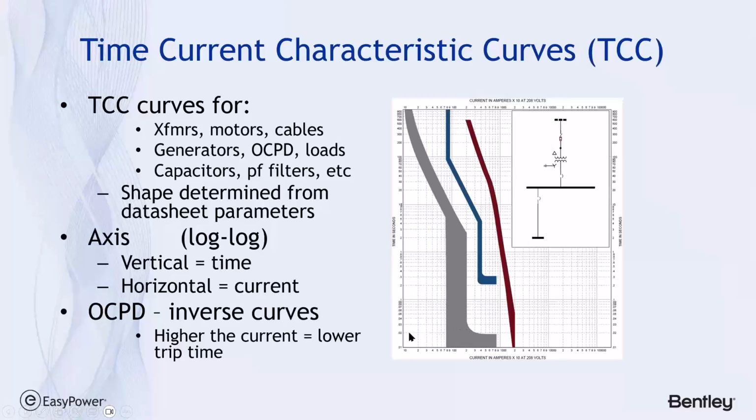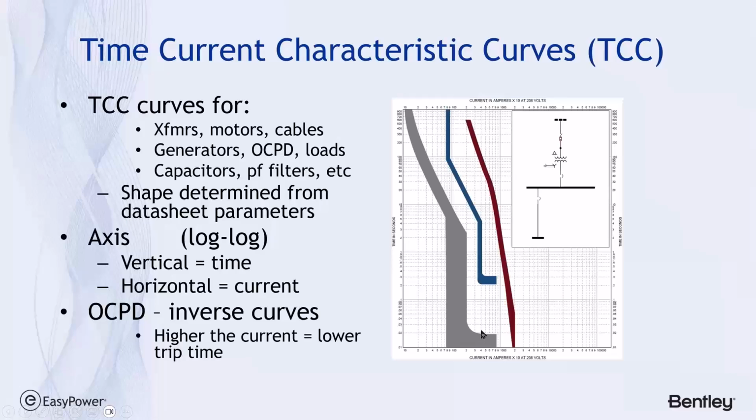And the purpose of this is to give us the ability to establish some fault current. Based upon that fault current, determine what the trip time of each of these succeeding breakers is if the current were to be felt by that device. Now these are inverse curves, which means the higher the current, the lower the response time, or the quicker the trip time.